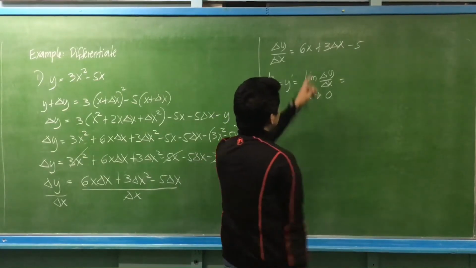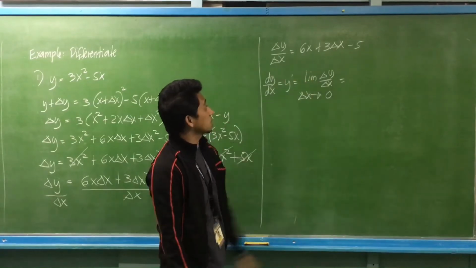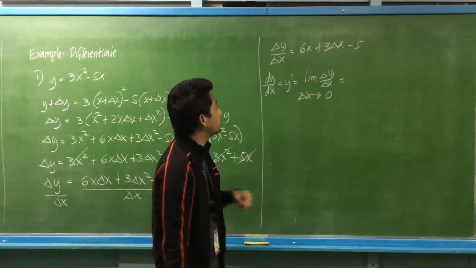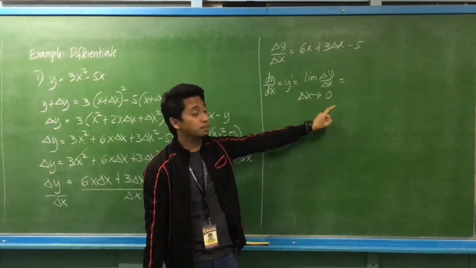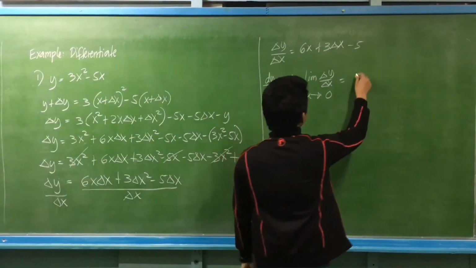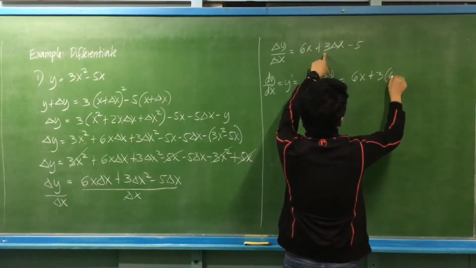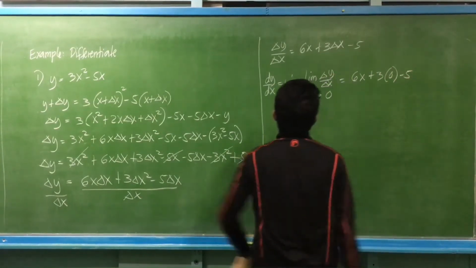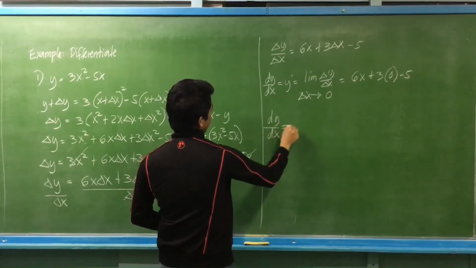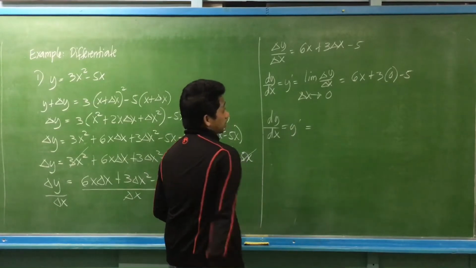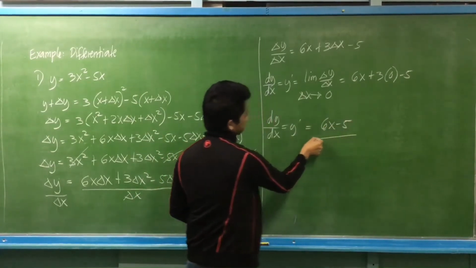For this term 6x plus 3 delta x minus 5, all we have to do is substitute all values of delta x with 0. So that will be 6x plus 3 times 0 minus 5. So we'll be having the equivalent of dy over dx, or the same as y prime. Our remaining term will be 6x minus 5.